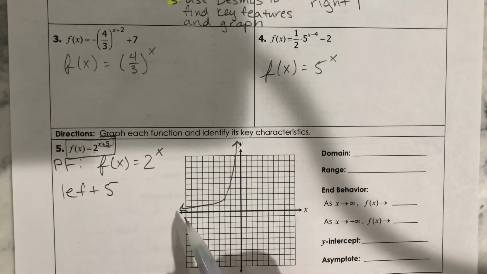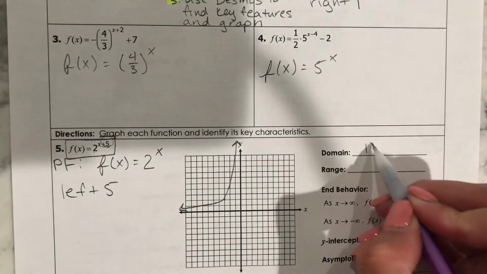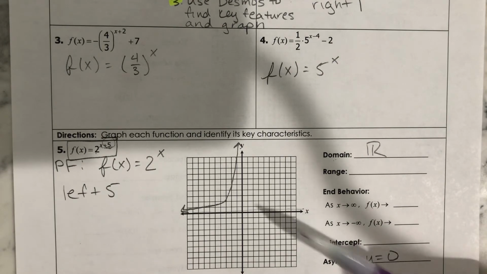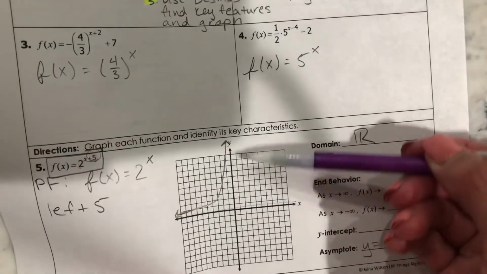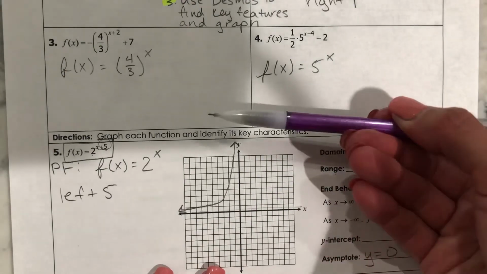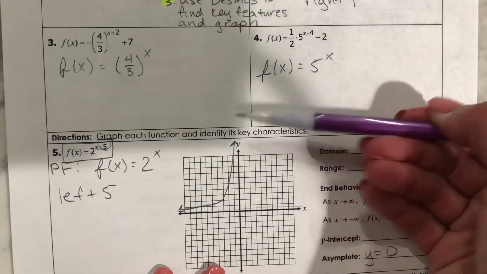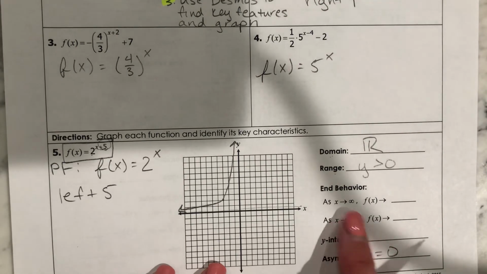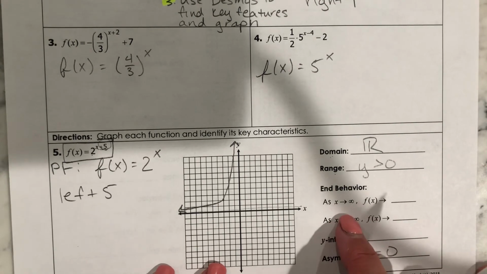Domain is all the real values, or negative infinity to positive infinity, all the reals. And then my asymptote, this is getting closer and closer to y equals 0, which tells me that my range has to be all the y values above that, because the graph lies above that, so y greater than 0.